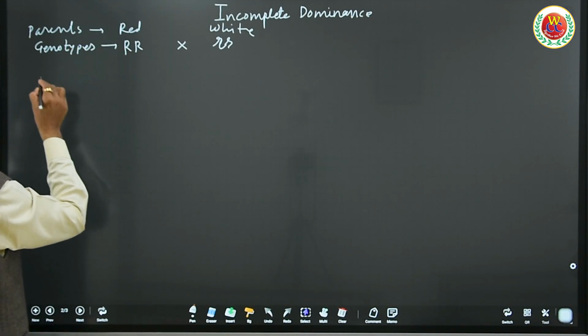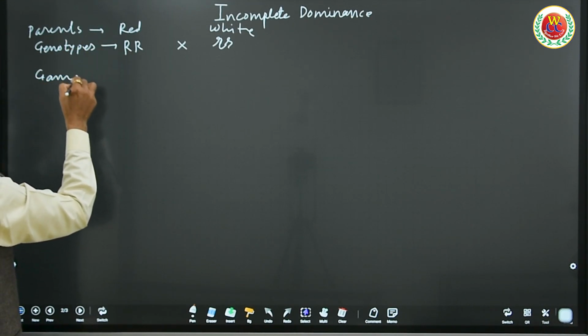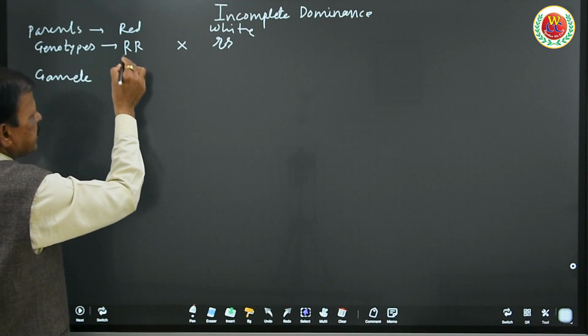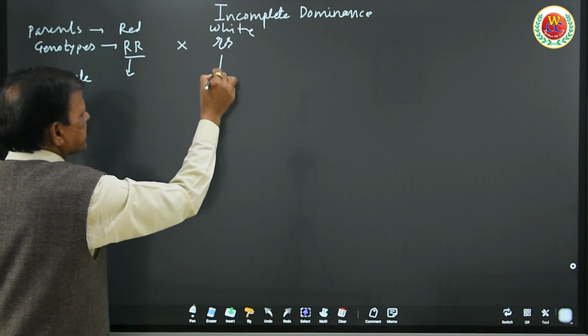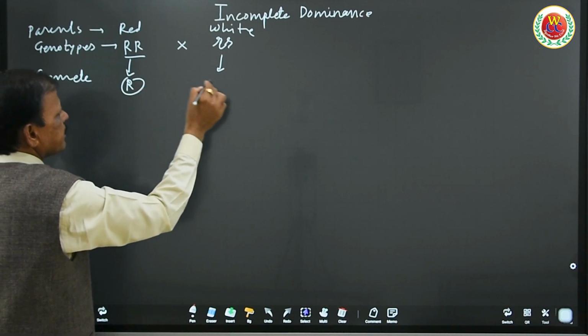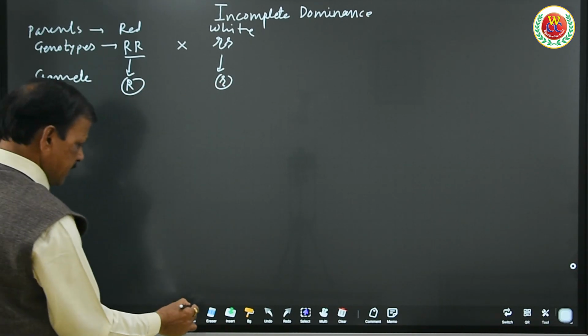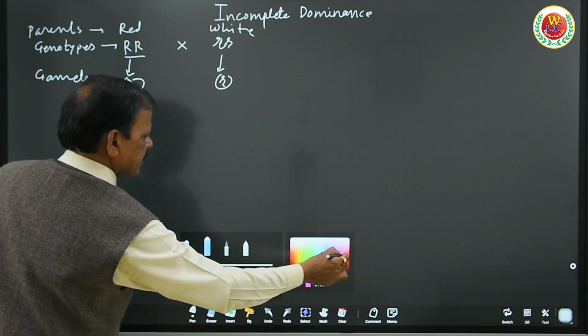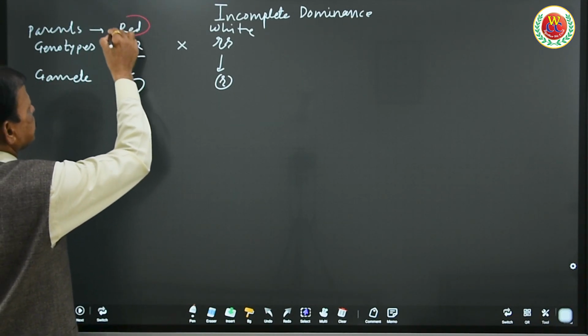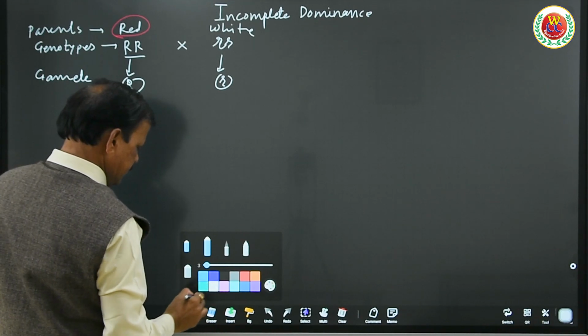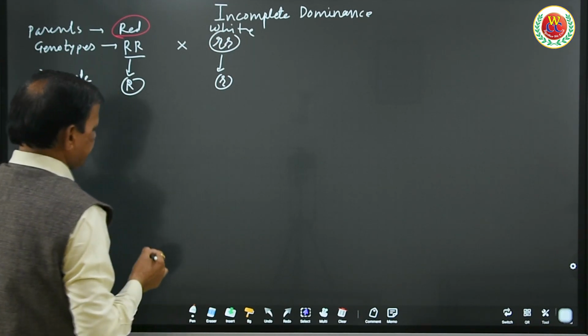And as we know, being diploid, when it undergoes gametogenesis, it produces gametes with haploid number of chromosomes. So capital R and small r are the haploid gametes, as this was red and this was white flower.